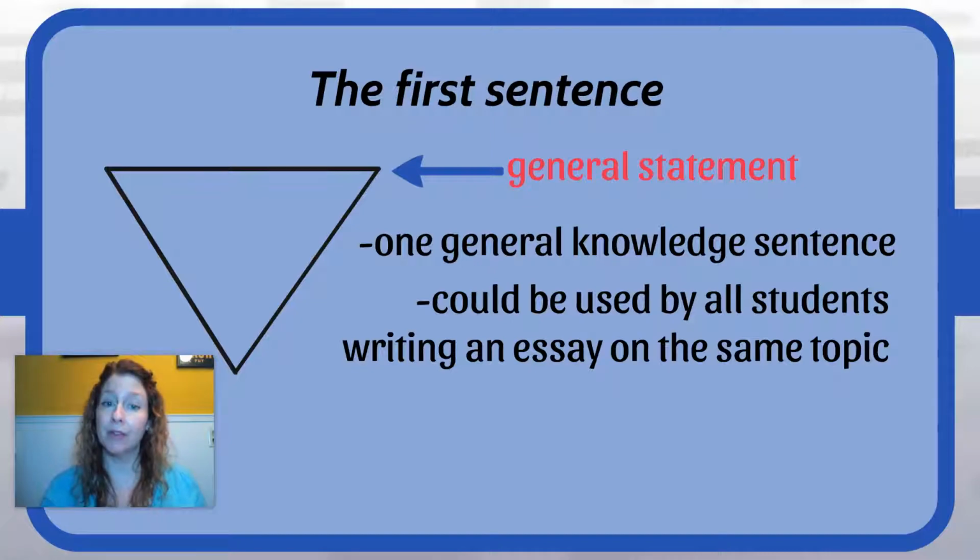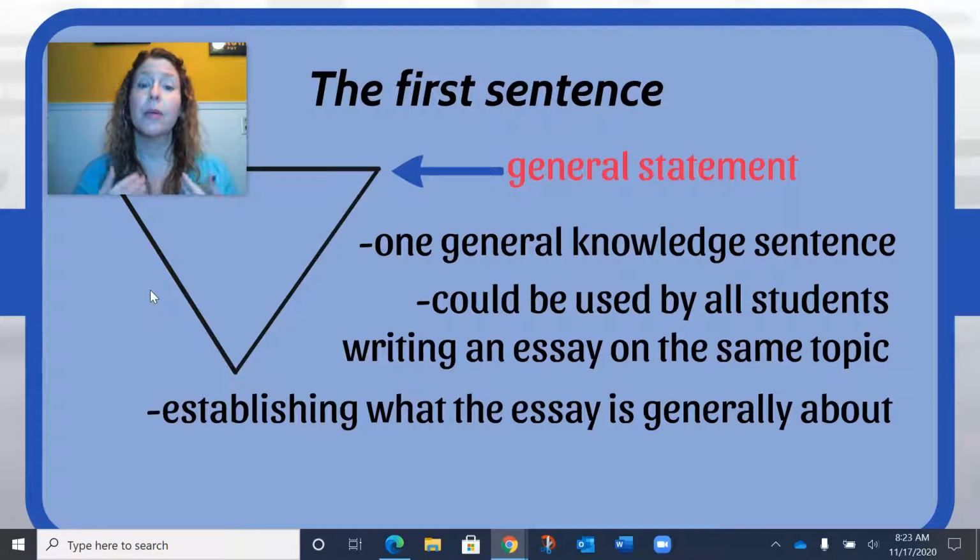It's not going to reveal your stance or your particular focus for your paper, just a general statement about your topic. Keep in mind, the purpose of this general statement is just to sort of hook your reader, to let them know, hey, this is what our topic is, but it doesn't quite reveal where the paper is going to go just yet.